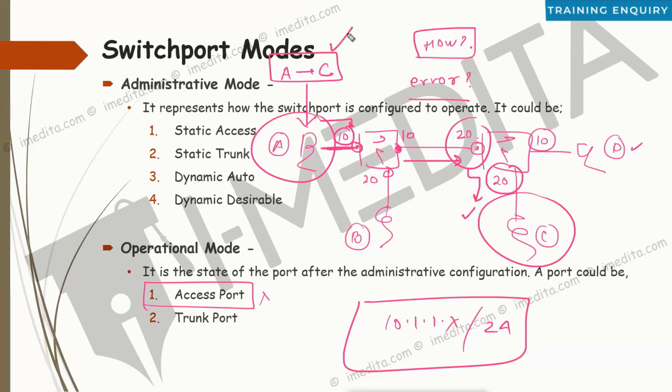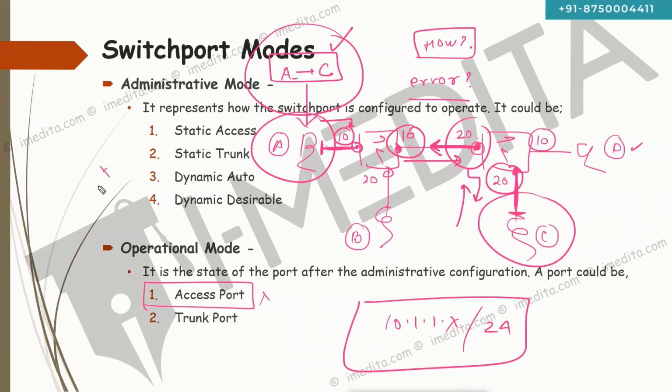That means I will be able to ping from A to C. And of course, when the reply comes, traffic will be received onto this port, which belongs to VLAN 20, and exit out of this port because it belongs to the same VLAN, be received onto this port, which belongs to VLAN 10, and it will be sent out of the port that belongs to VLAN 10. So the communication will happen between the user in VLAN 10 and the user in VLAN 20.